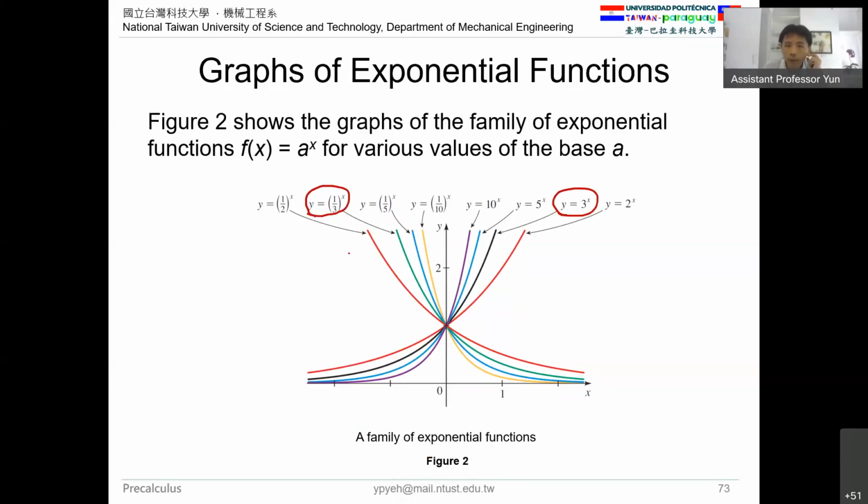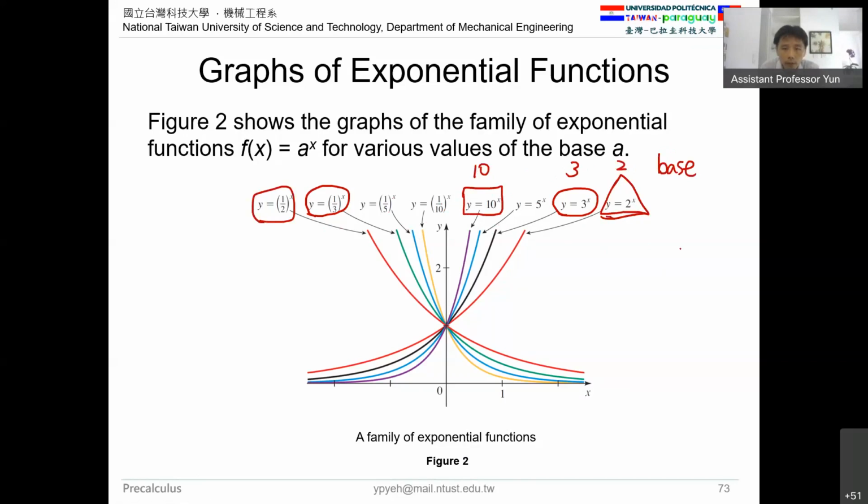Now try y equals 2 to the power of x, and also y equals 10 to the power of x. From the previous example, we know the bases here will be 2, 3, and 10.